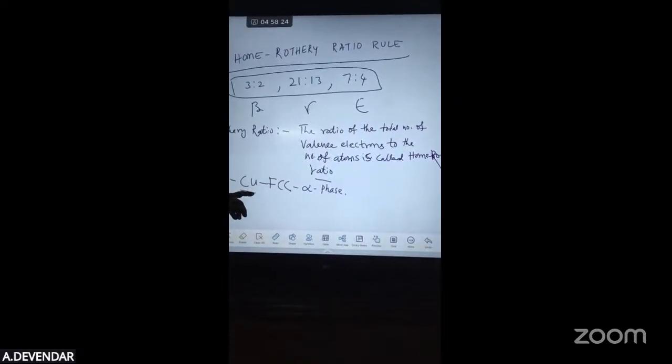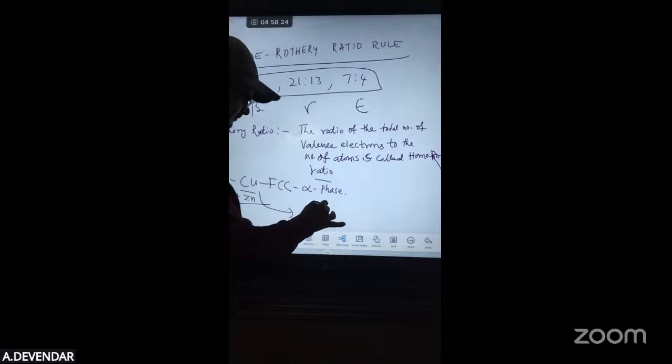Pure copper is a face-centered cubic lattice, in the alpha phase. When a small amount of zinc is added, I am making the alloy copper plus zinc, and it changes to the beta phase.